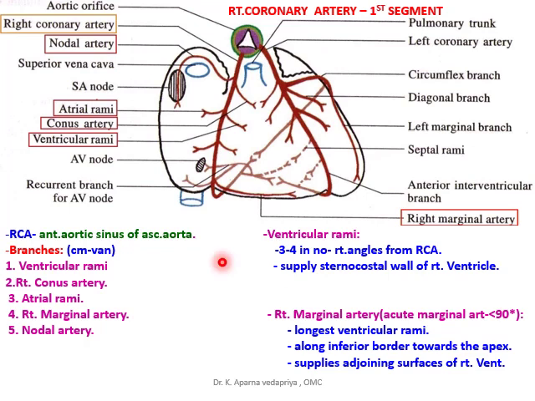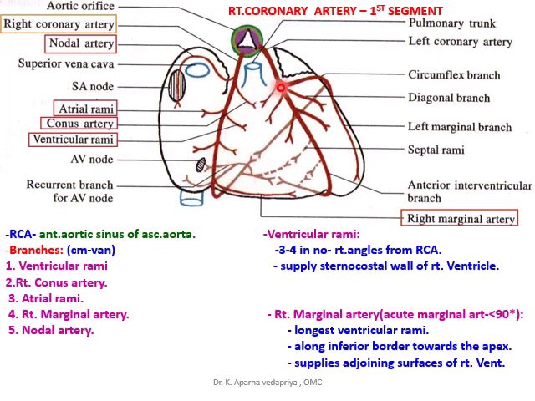So now coming to the right coronary artery. This is the right coronary artery. So it arises from the anterior aortic sinus, or the right aortic sinus as it is clinically also called. And at first it descends forwards and to the right between the pulmonary trunk and the right auricle along the right half of the atrioventricular groove.